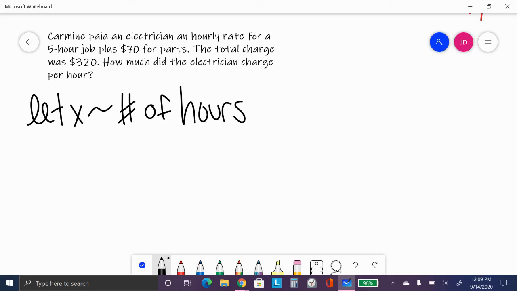So a 5-hour job. So we're trying to figure out how much the electrician is charging per hour. And if it's a 5-hour job, it's going to cost 5x depending on the number of hours, plus $70 for parts, with a total cost of $320.